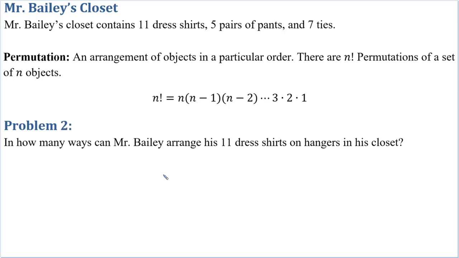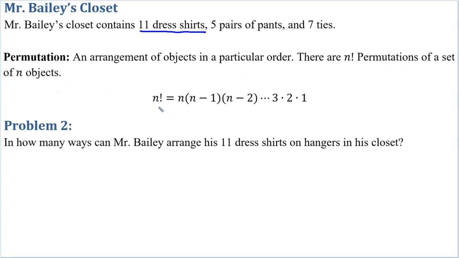Next thing we're going to talk about is the idea of a permutation. I'm going to say that's an arrangement of objects in a particular order. So for this next problem, we're going to look at my dress shirts and just putting them in order on hangers in my closet. And I'm going to say there are n factorial permutations of a set of n objects.